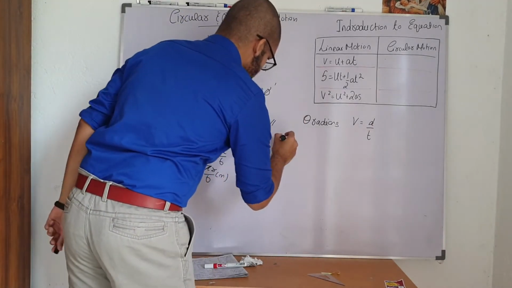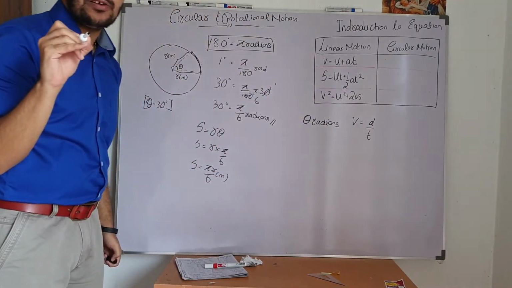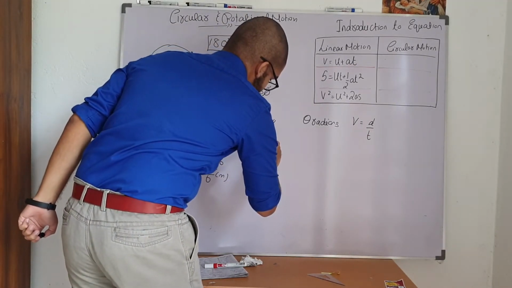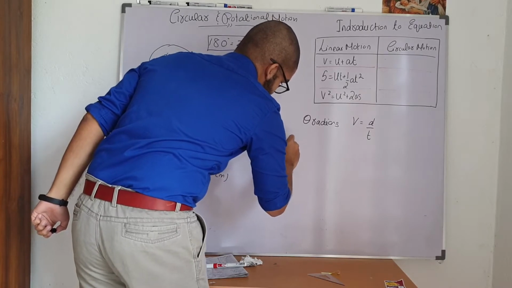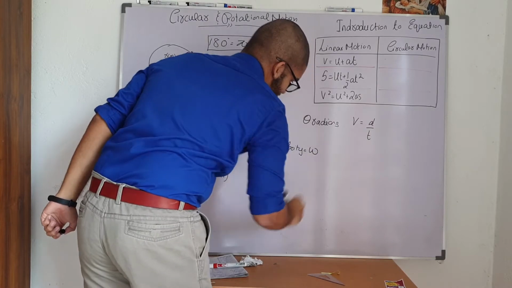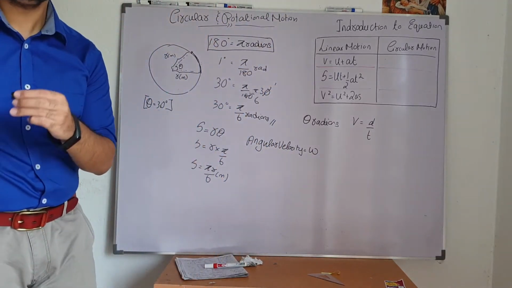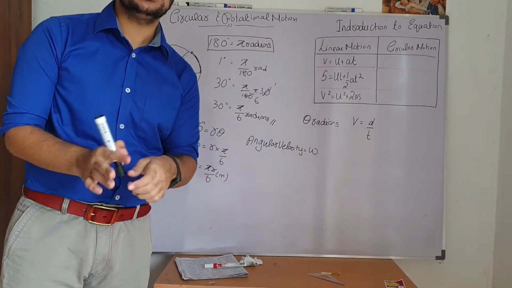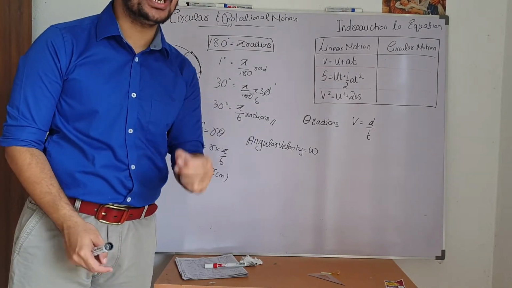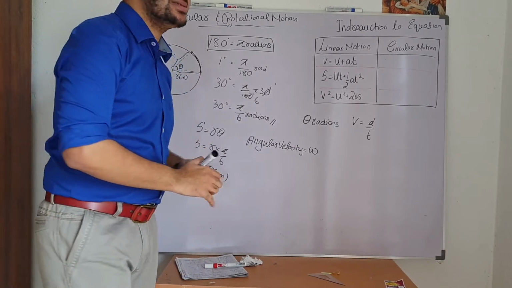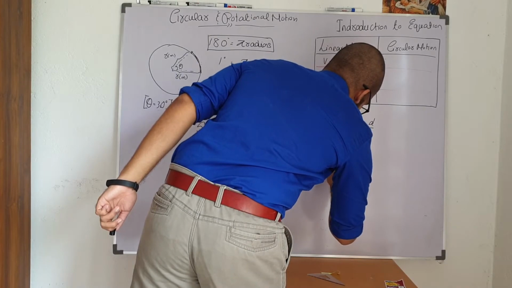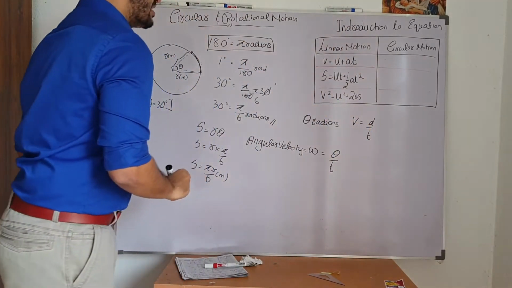So we denote the angular velocity as W, right? This W is obtained by the usual thing, the rate of change of angular displacement by time. That's the only change the word angular brings in. So W equals theta by t, theta in radians.